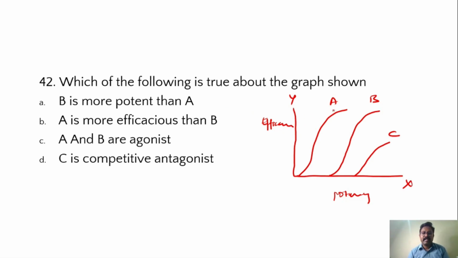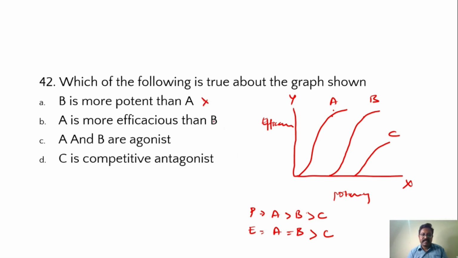Here A is more potent than B. Potency wise, A is more potent than B. Efficacy wise, A and B are similar. Whereas what is the efficacy of C? Efficacy of C is less than B as well as A. What about the potency? A is more potent than B and B is more potent than C. So here B is more potent than A is the wrong answer. So here A is more efficacious than B.